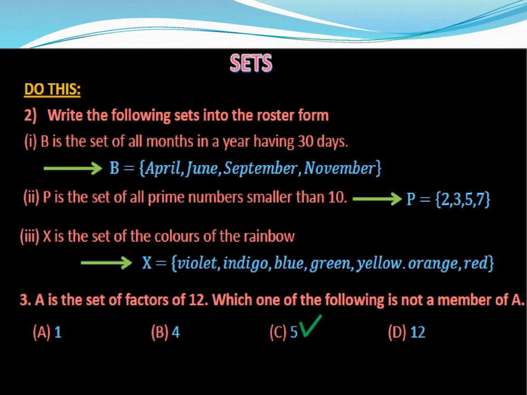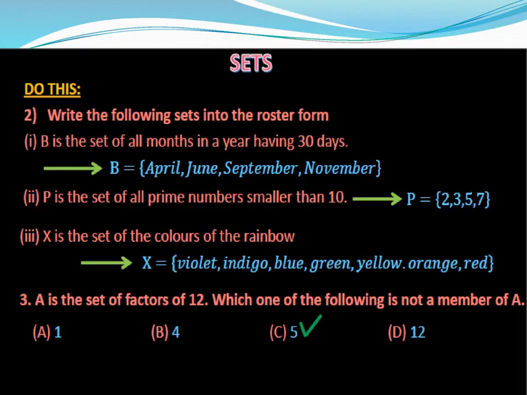So violet, indigo, blue, green, yellow, orange, red. Then we will write X equal to. Why? Because it is given that X is the set. Every set can be represented by a capital letter of the alphabet. Then we will write X equal to the set of violet, indigo, blue, green, yellow, orange, red.